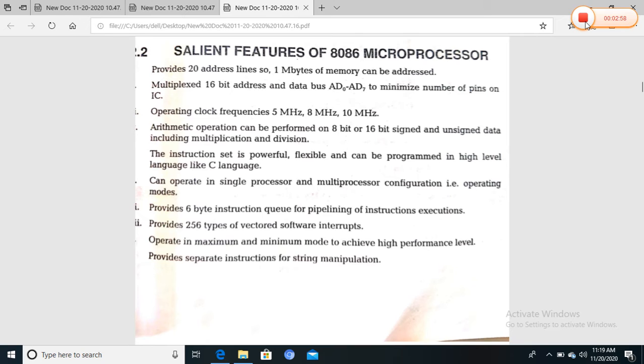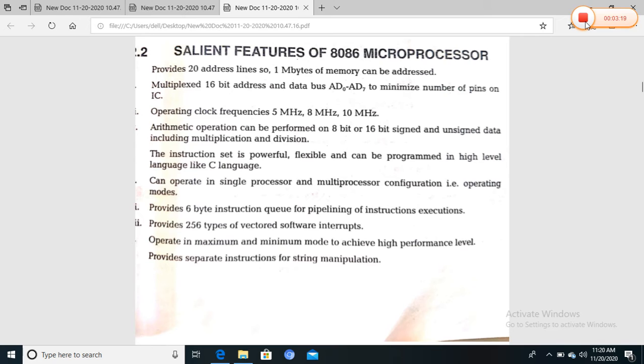The 8086 has clock frequencies of 5 megahertz, 8 megahertz, and 10 megahertz, and it can perform arithmetic operations, that is addition, subtraction, multiplication, or division, on 8-bit or 16-bit data.